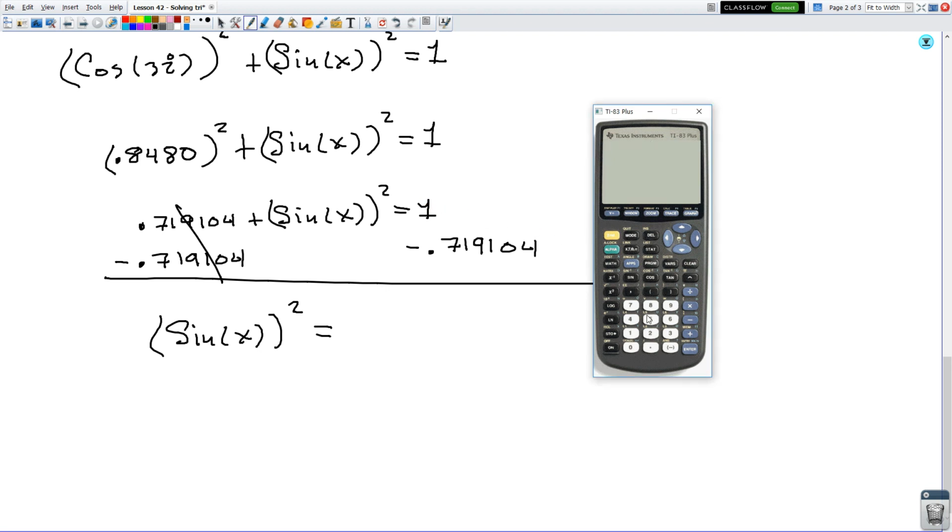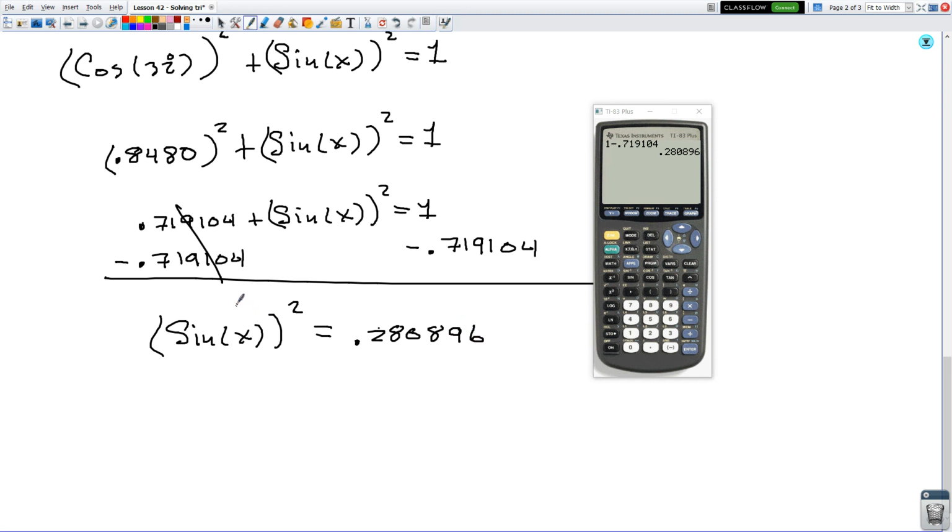Let's figure out what that is: 1 minus 0.7191.04. Oops, forgot that. So now the right side is 0.2808.96.